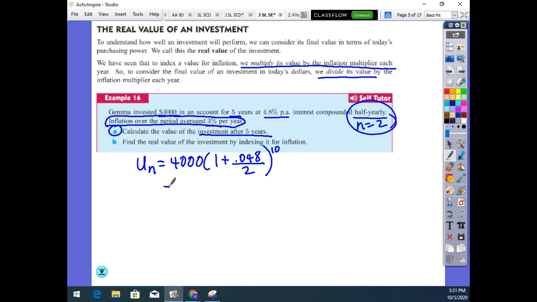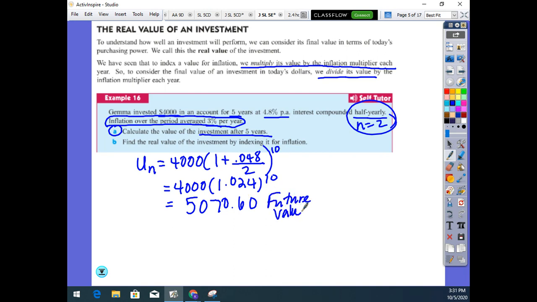All right. So if I simplify my decimal, this ends up being 1.024 to the 10th. You plug all that into your calculator. This is my future value, final value of my account when I invested $4,000.